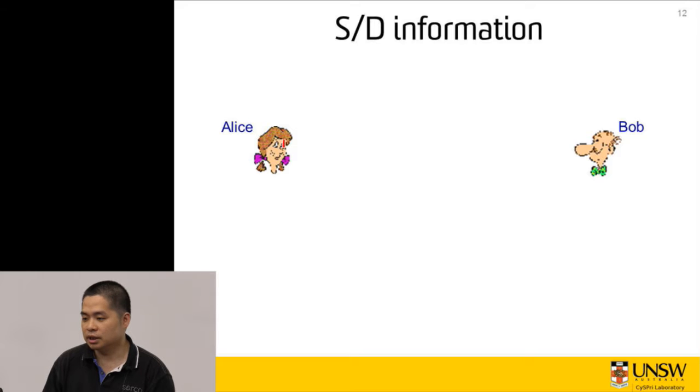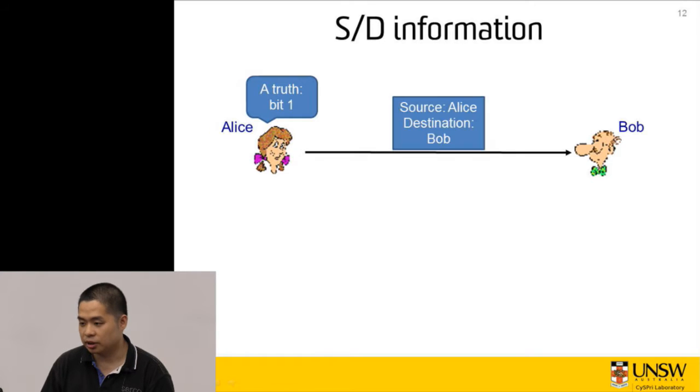As you can see here, Alex and Bob try to communicate with each other. If Alex wants to establish a shared secret bit with Bob as, for example, 1, then he will think of this as a truth. Based on the truth, he will set up a packet with the source as Alex and the destination as Bob, and send this packet from Alex to Bob.